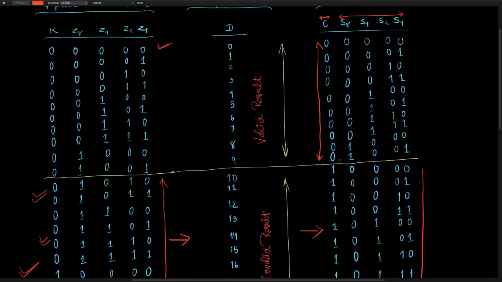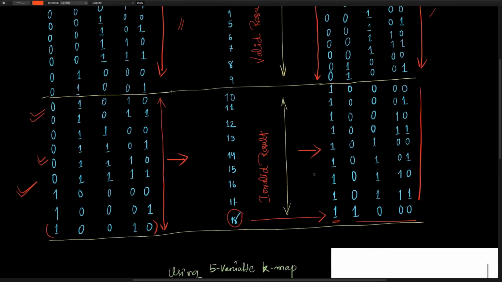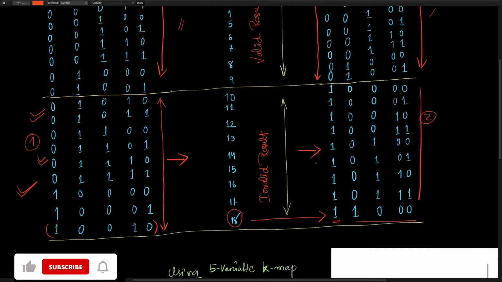If you see the table here, whenever we get a valid result, the addition result remains the same. But if we get an invalid result, these two are not the same. So we have to convert those invalid results into valid results, and we already know how to do that: we add 6 to it, and that gives us the valid result.